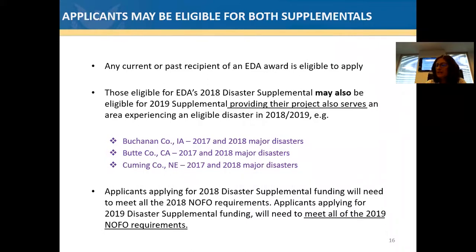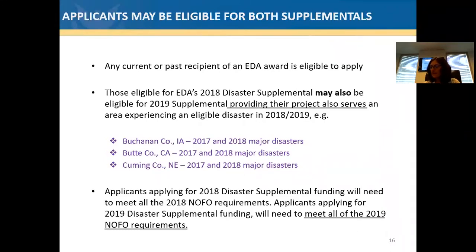What I listed on the slide is a small example of some places around the United States that are eligible for funding in both of our disaster supplementals. For example, Butte County, California, unfortunately, suffered from wildfires both in 2017 and 2018. Buchanan County, Iowa, had severe storms, tornadoes, straight-line winds, and flooding in both 2017 and 2018.